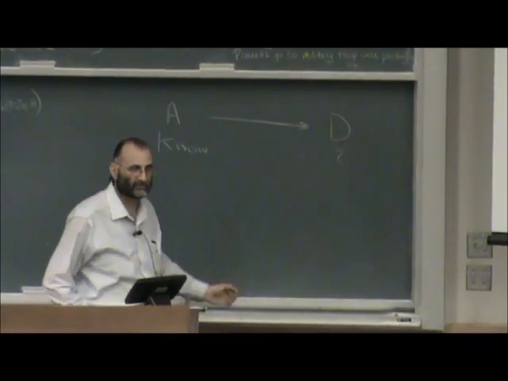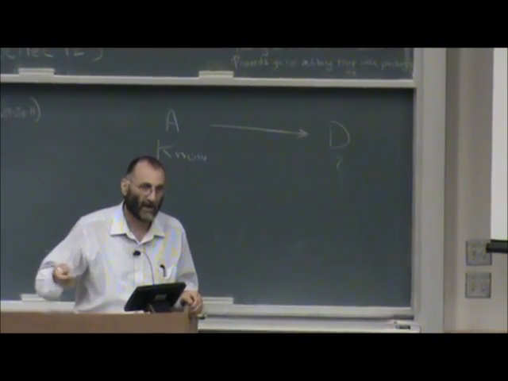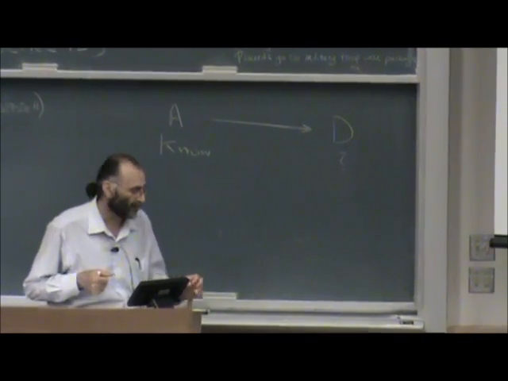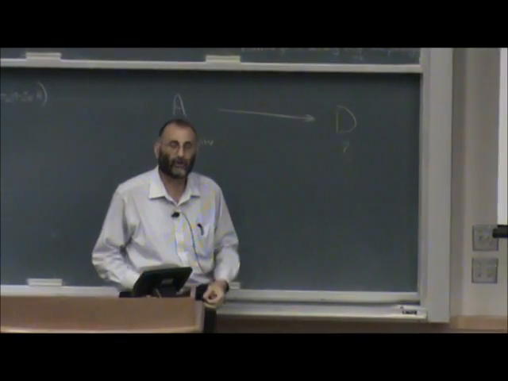In fact, this method is used all the time when you take organic chemistry to write mechanisms and all kinds of things. Okay? So to go from A to D, there are three ways to do it.